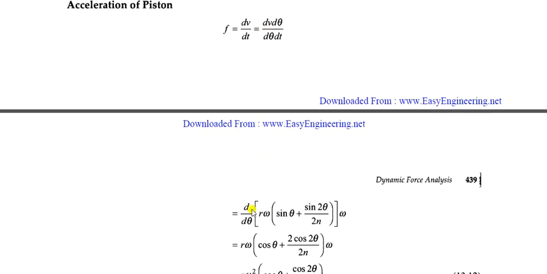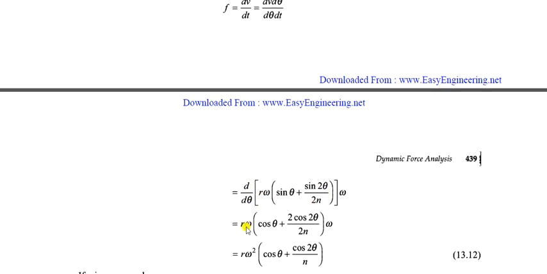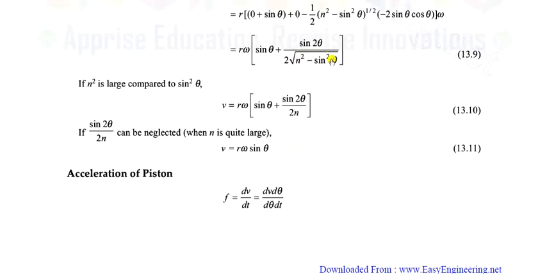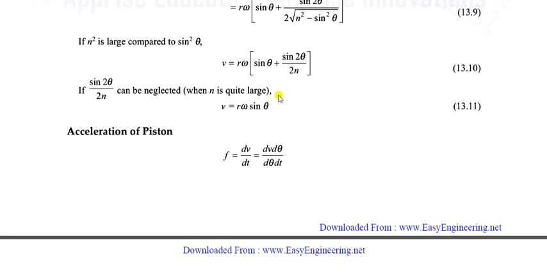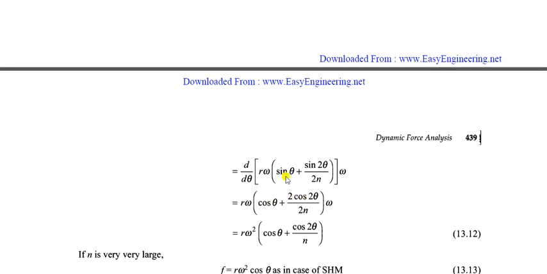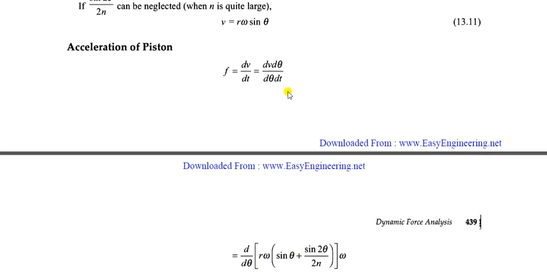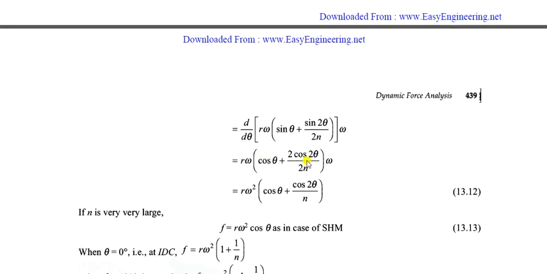Again, just to simplify, he has ignored this, so he is using this relation, r omega sin theta plus sin 2 theta by 2n, and this is d theta by dt, which is omega. Now after differentiation he is getting cos theta plus cos 2 theta by n for sin theta plus sin 2 theta by 2n. So this omega, when it comes this side, this is r omega square in brackets cos theta plus cos 2 theta by n.